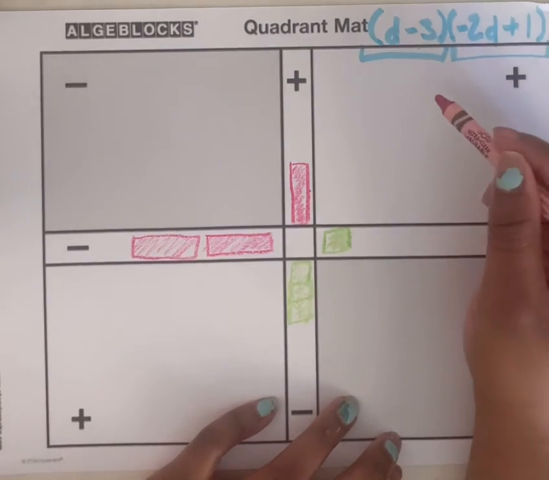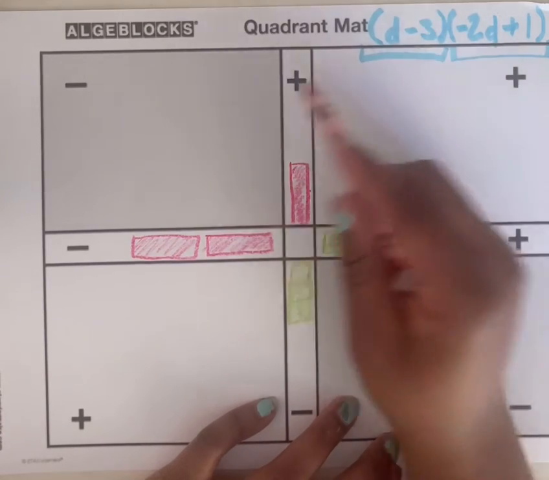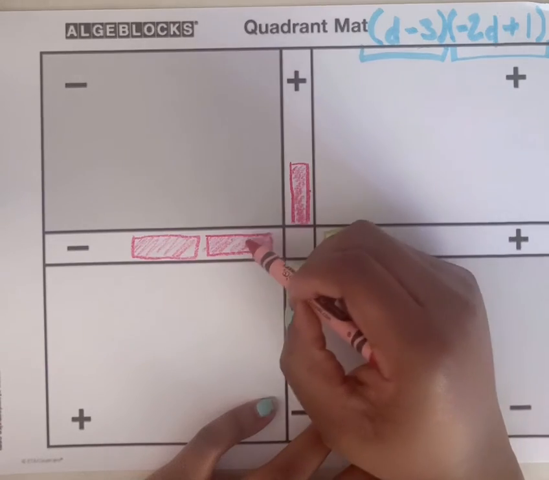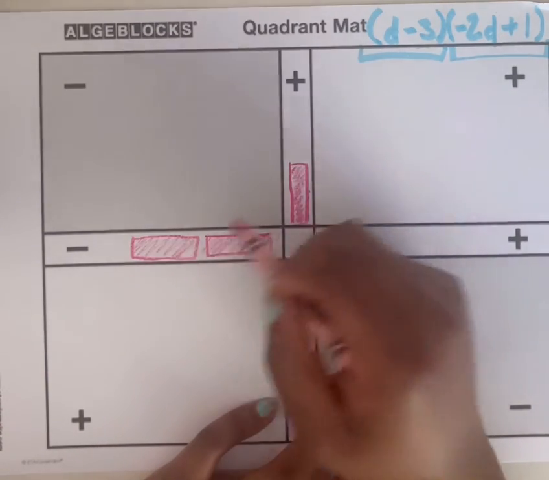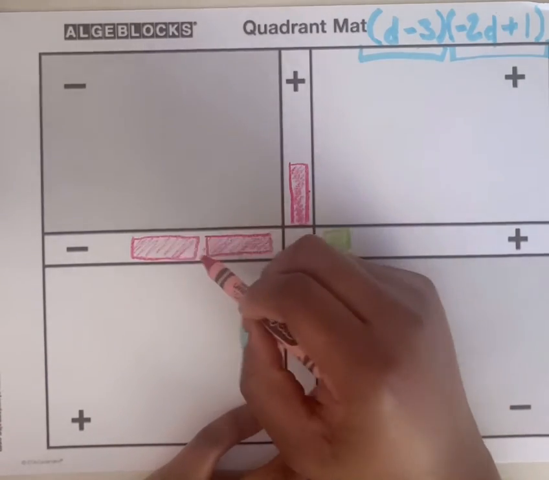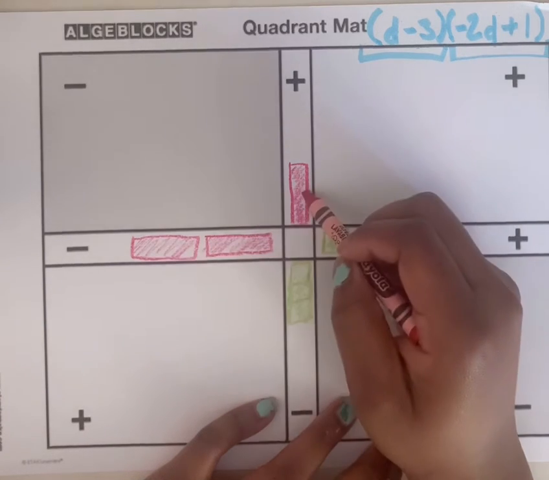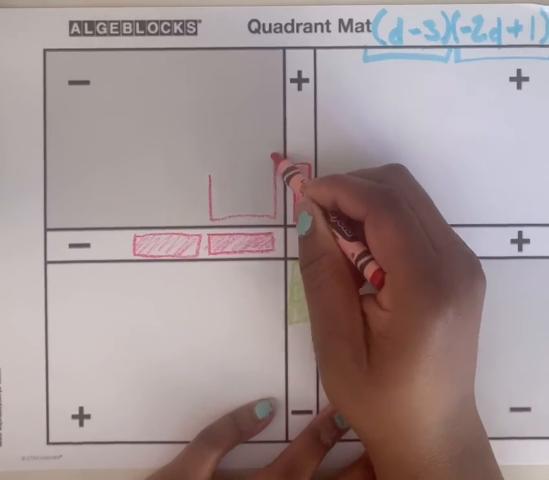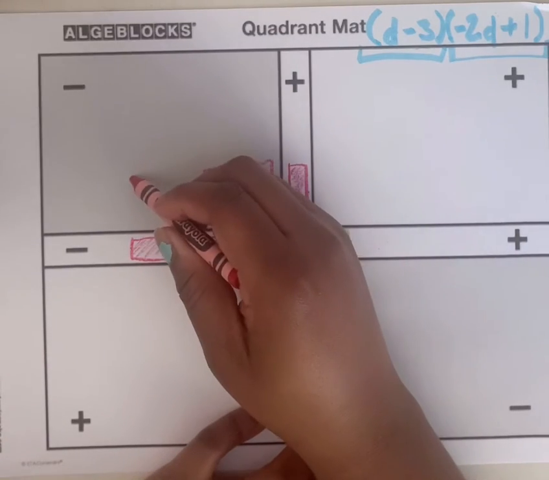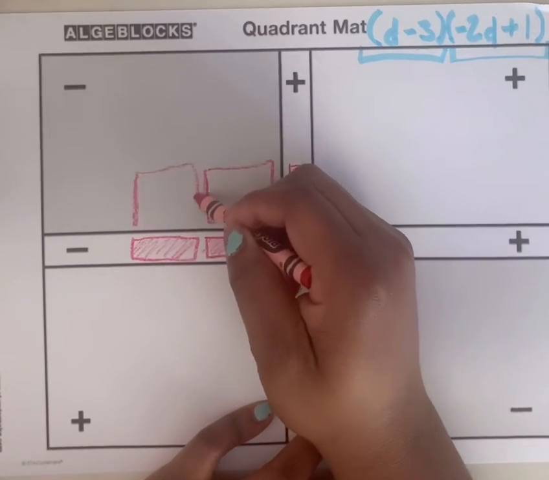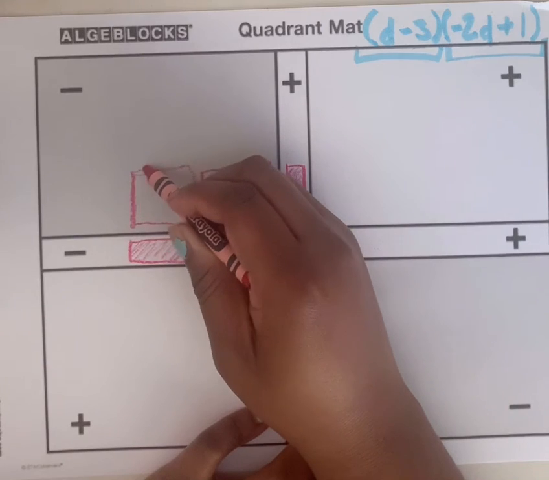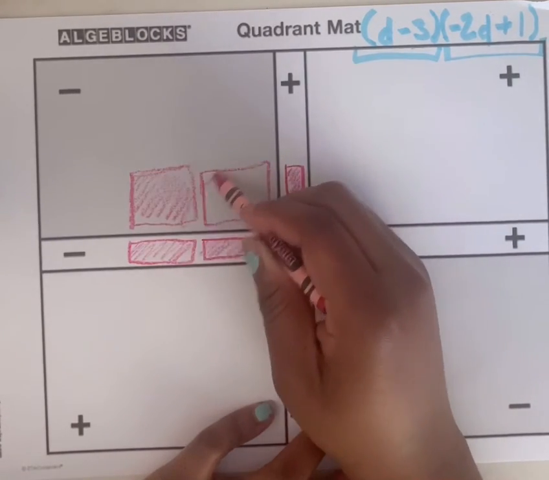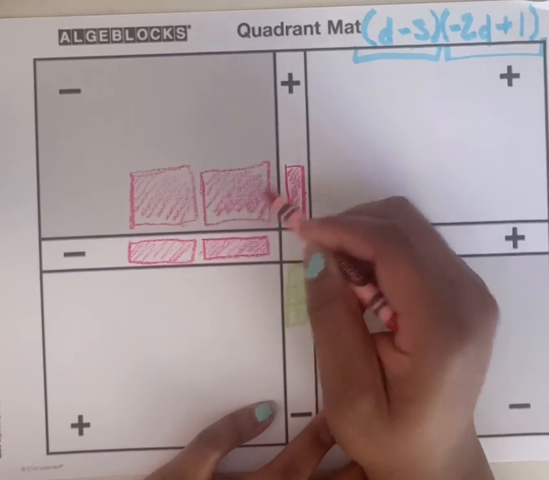Okay. So we're going to start off on this side, the first quadrant here. Both of these are D's, so we're going to draw 2 to represent 2 here and then 1 here. Each side is multiplied by D, and when they are multiplied by D, the same variable, then it's going to be a square.